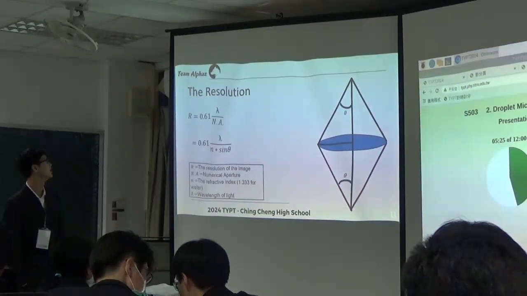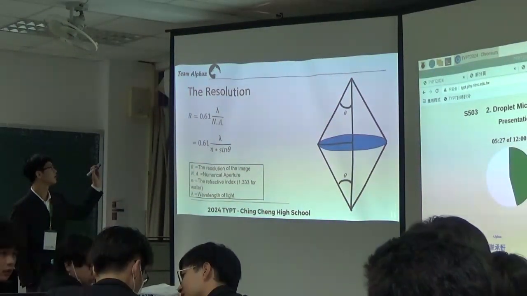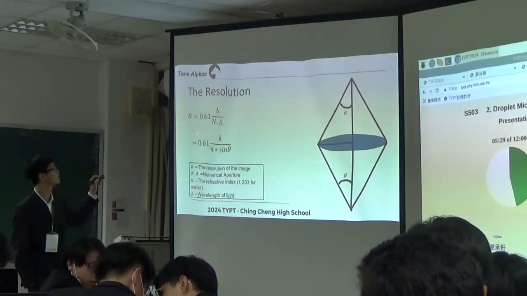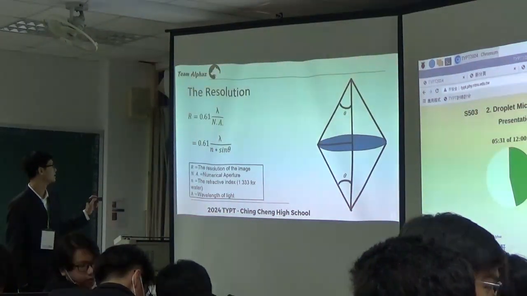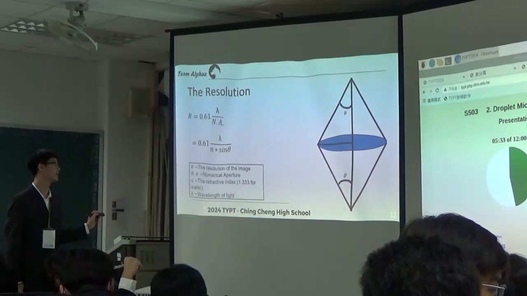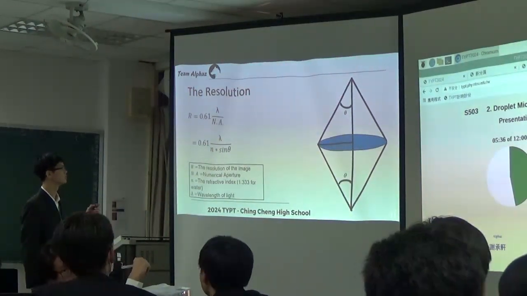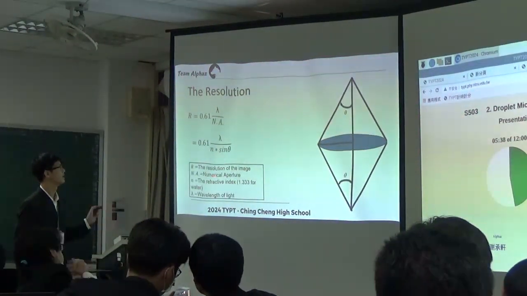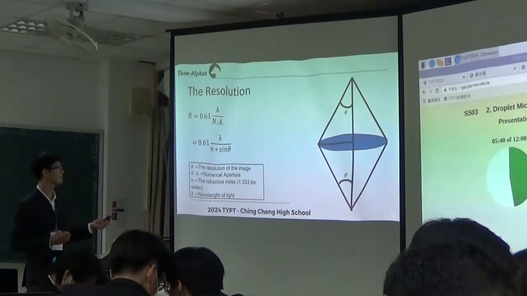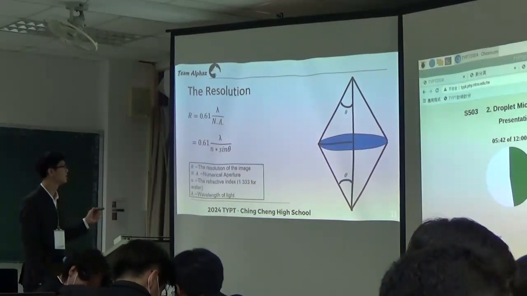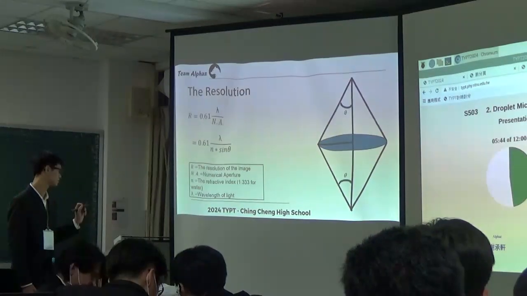The resolution can be given by this one. Lambda is the wavelength of light, and NA is the numerical aperture. It can also be n sin theta. The n is the refractive index.